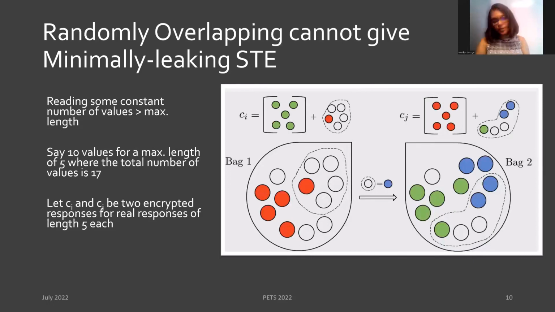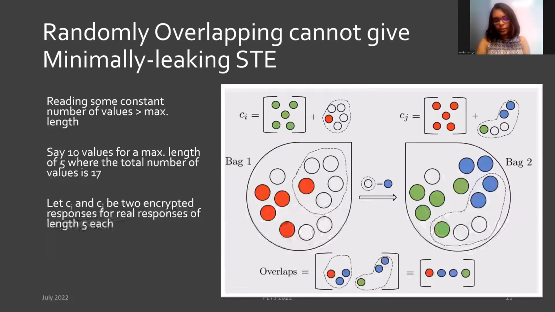Then we look at a second response, CJ, which also has 5 real values that have to be read, and then 5 values sampled from the remaining values. Now, what we notice in particular is that the server can observe the overlaps between these two encrypted responses. It can look in particular at the size of the overlaps, or the number of encrypted values that are in common between these two encrypted responses.